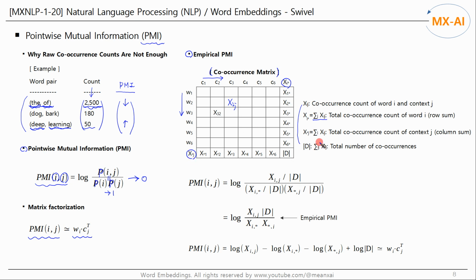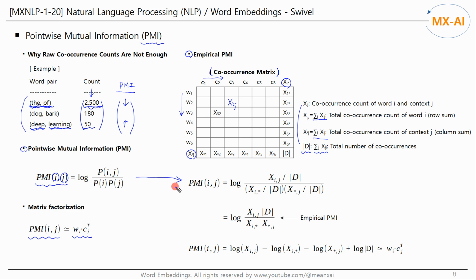Similarly, X*j is the sum of all the entries in column j, representing the total number of co-occurrences involving context word Cj. Finally, |D| is the sum of every entry in the matrix. It represents the total number of observed co-occurrences in the corpus.